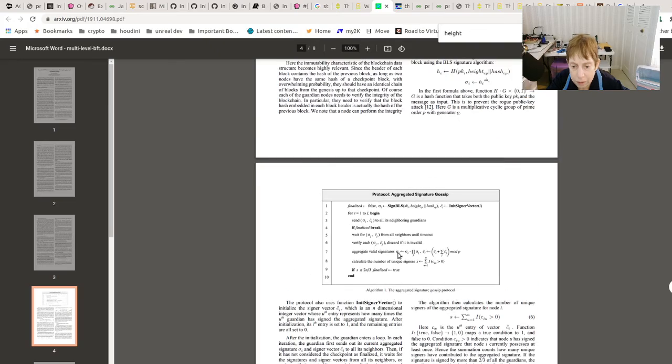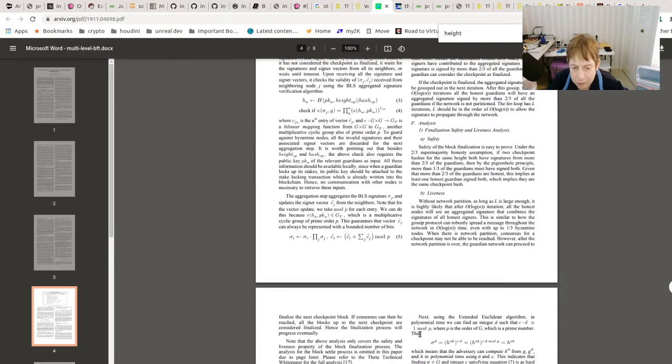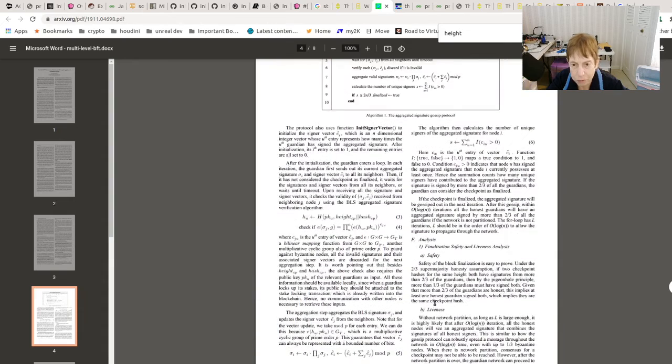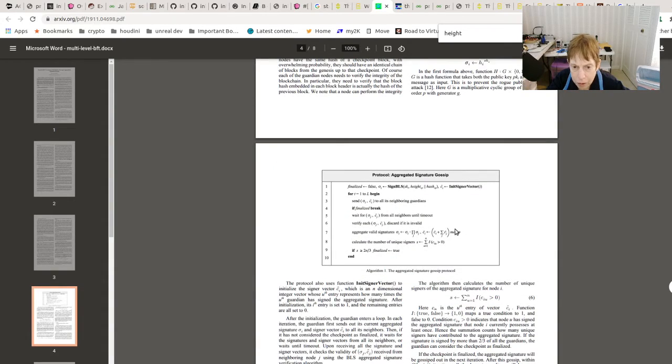And here's the algorithm, and they go into all the mathematics in this paper, and proofs and so on. But basically, L would be the log, with a base of the number of neighbors, of the number of nodes. So if you have 10 neighbors and 100 nodes, it would roughly take 2 iterations, because you would have log base 10 of 100.